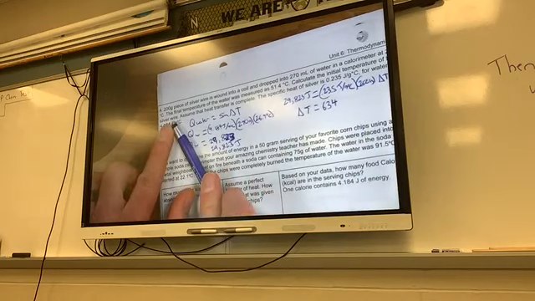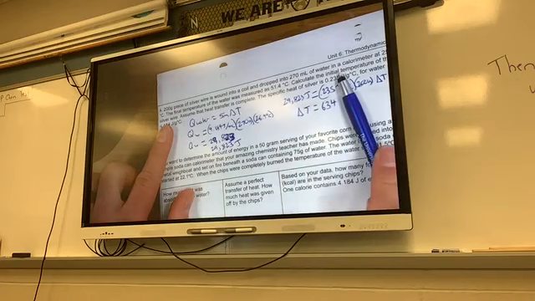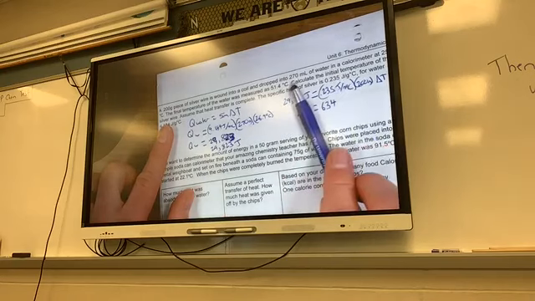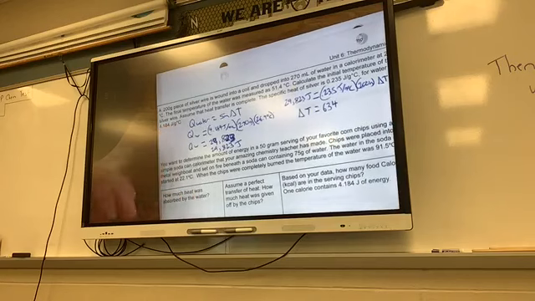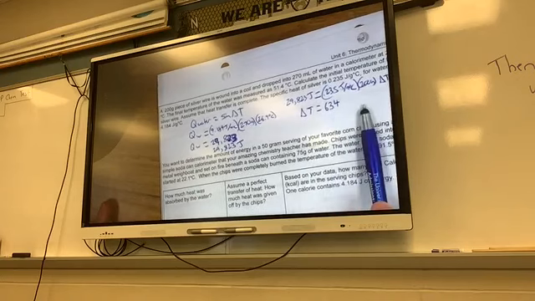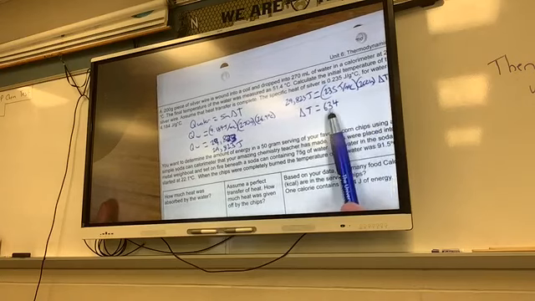So you have to subtract 25 degrees Celsius. Shouldn't it be negative? I should have made it negative. But what you guys need to know is you have to add, right? Because the wire should have cooled down. So I need to add this to my initial temperature. What was my initial temperature of the wire?